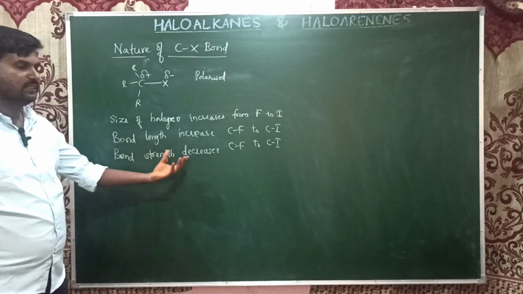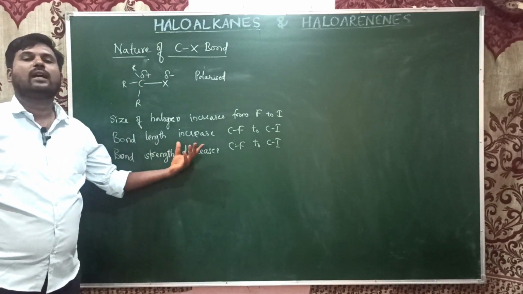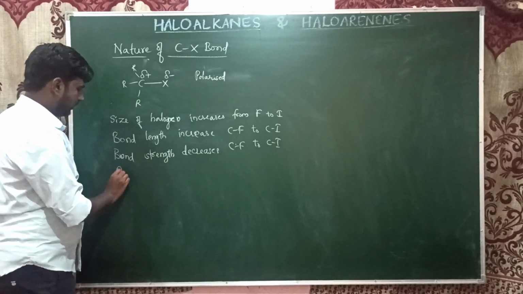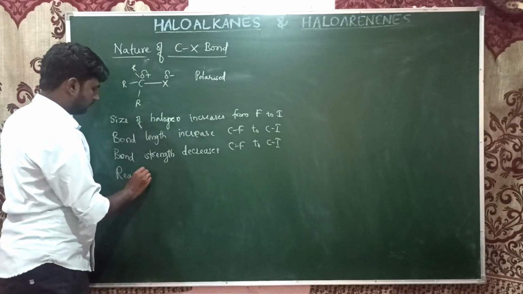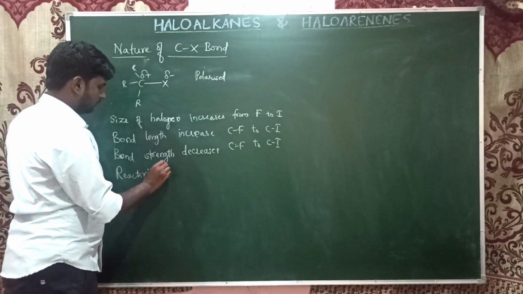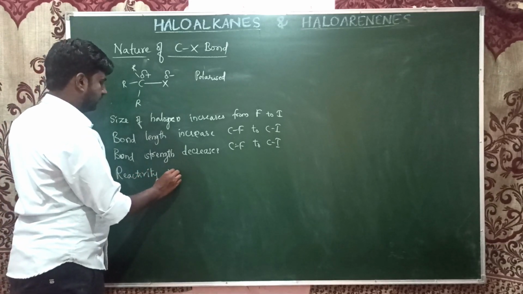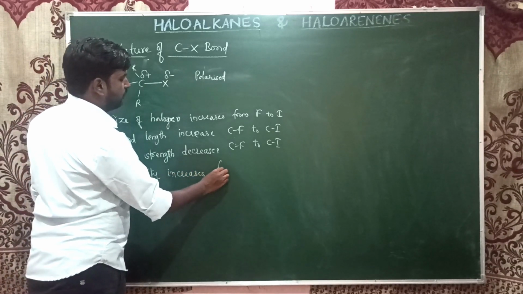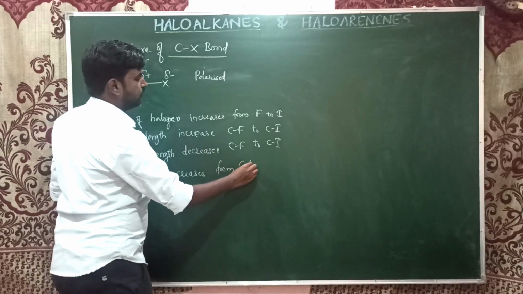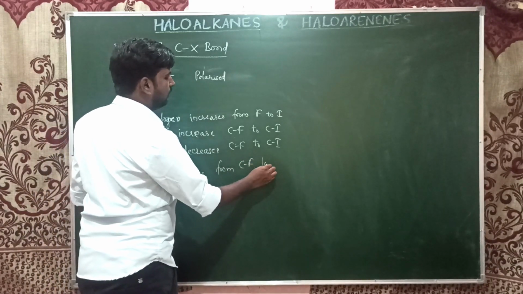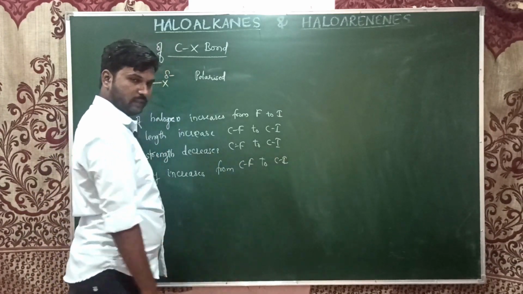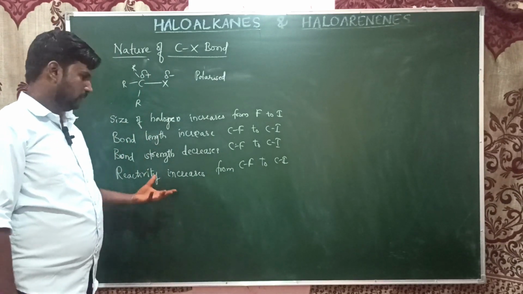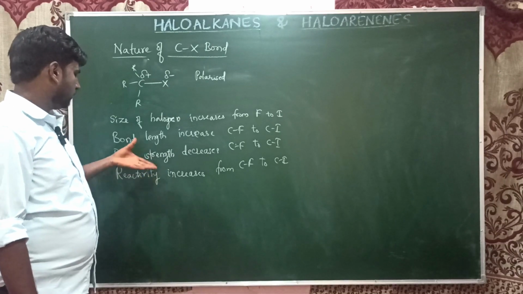If bond strength is decreasing, then it will be highly reactive. So the reactivity will increase from the carbon fluoride bond to the carbon iodide bond. Bond length and bond strength, and also the reactivity, are inversely related to the strength.